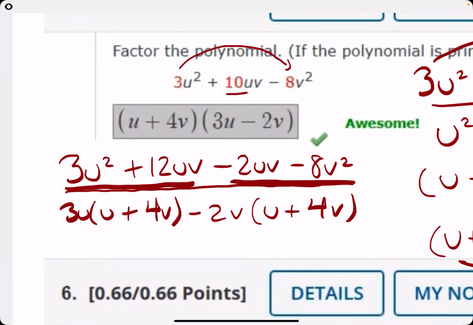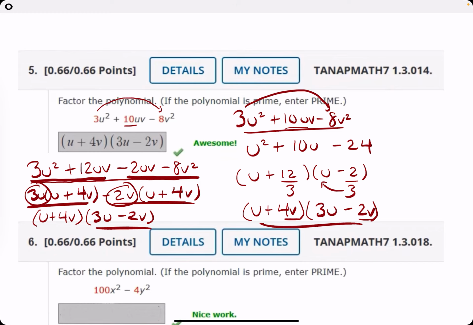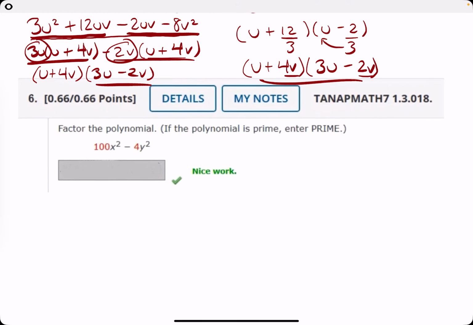But basically, if you factor out 3u on the first one, you would have got u plus 4v, and minus 2v on the second one, you get u plus 4v. So then you do the GCF for this and that, like we were doing before, and get u plus 4v times 3u minus 2v. These end up making that factor. Anyway, so that's another approach to it. Similar but different. Whichever you prefer, use that.